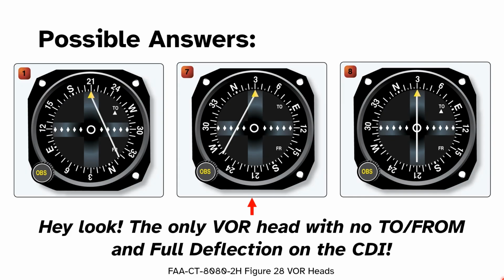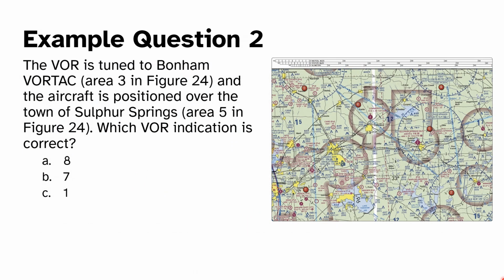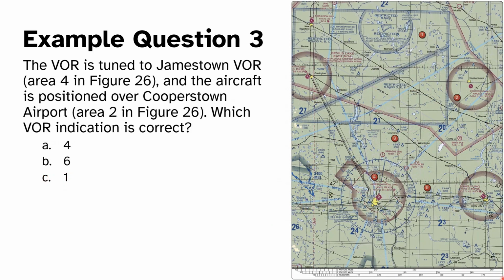This is what we're after here. So, again, since we are over the town of Sulphur Springs, pointed roughly this way, VOR off to our left, hey, that's it. This one's nice and easy because it's the only one with no to or from and full deflection. So in this case, our answer is 7. Bam. All right, let's keep going.